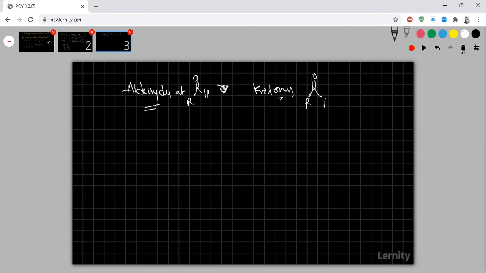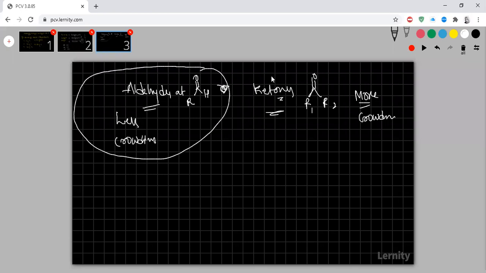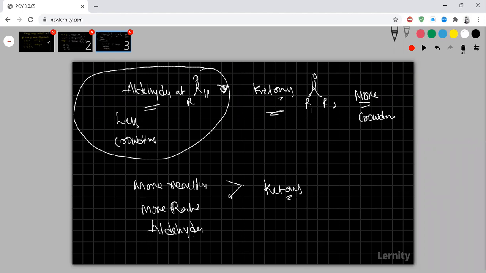Ketones are having R1, R2, more crowding. Aldehydes are having less crowding. So less crowding means aldehydes must be having more reactivity, that means more rate, when compared to the ketones.